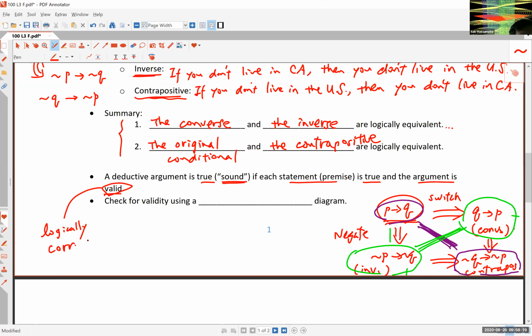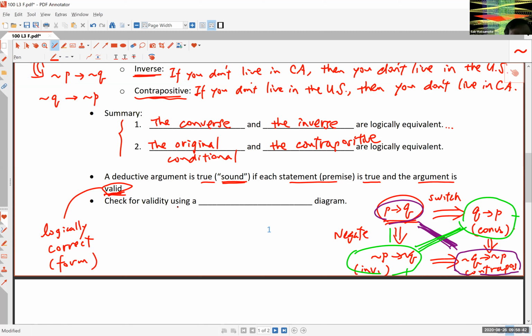And so this only has to do with the form, not the meaning. Okay, so you may make some ridiculous statement, like say, all birds are plants or something. But if the form is correct, the argument can still be valid. But of course, it's not sound. Okay, so I'll come back to this in a moment.